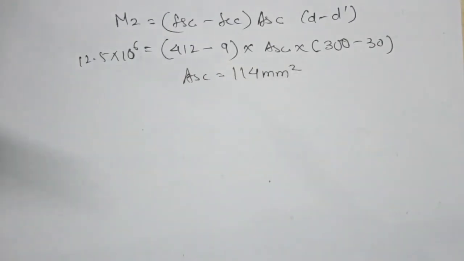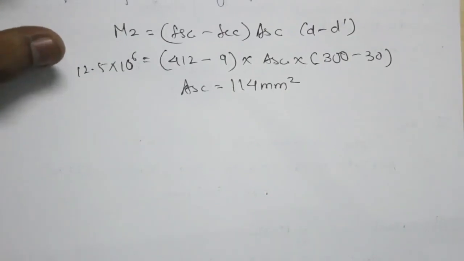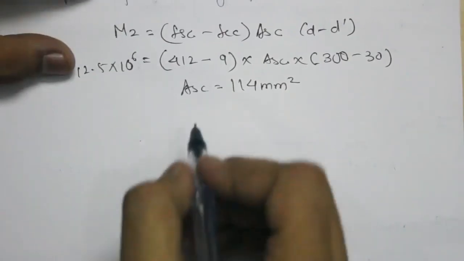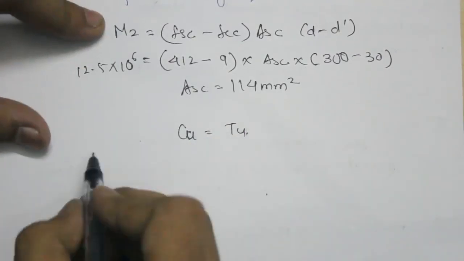Now you got AST2 and ASC, but we still do not have the value of AST1, which is for the singly reinforced beam. As we all know, we have the value of XU, which is the XU max, for the singly reinforced beam. We can calculate the value of AST1 by equating CU and TU. CU equals TU.